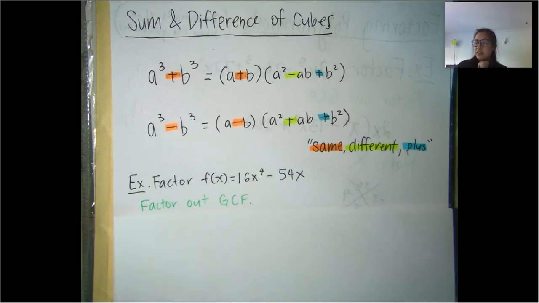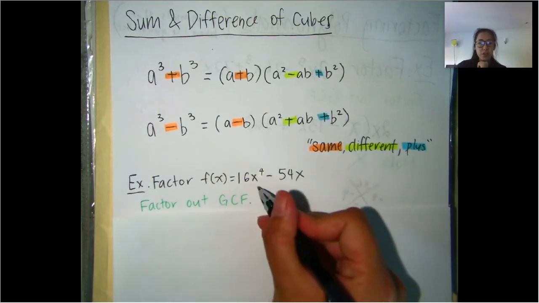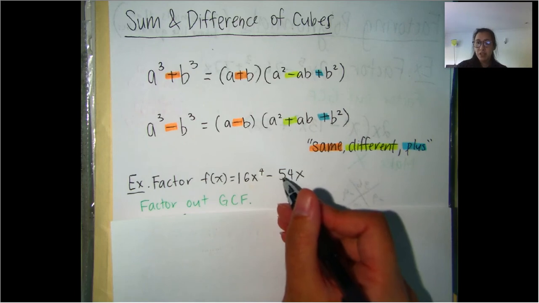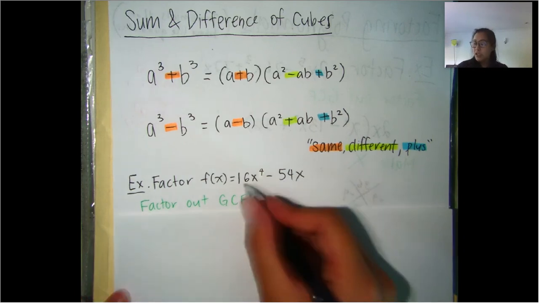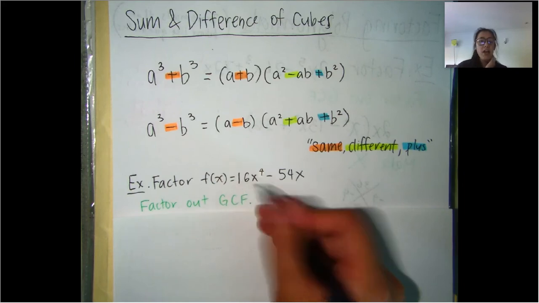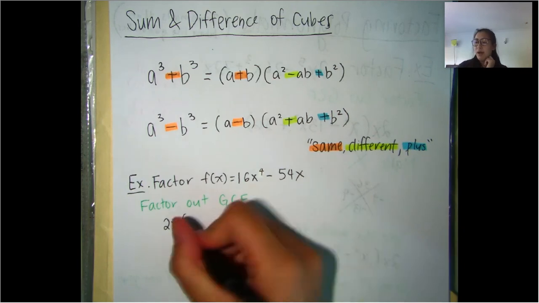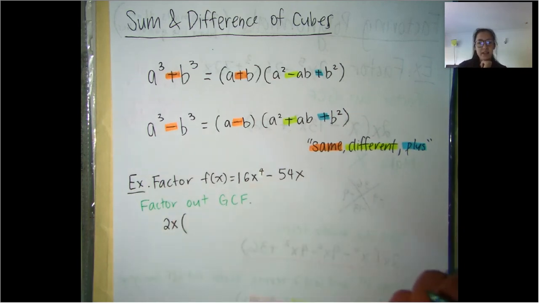I notice that there is an x in both of these terms. I also notice that both of these terms are even, which means that they're both divisible by 2. So I'm going to factor out a 2x. 2x times what is 16x to the fourth?